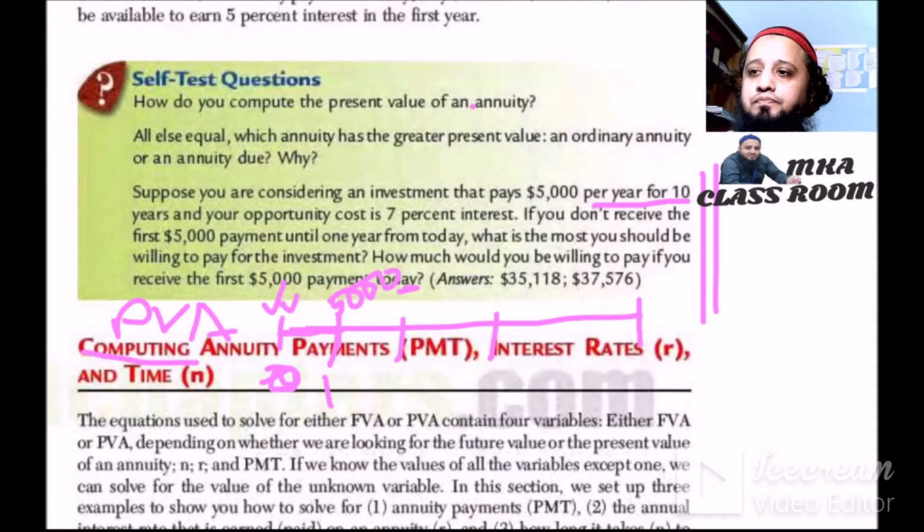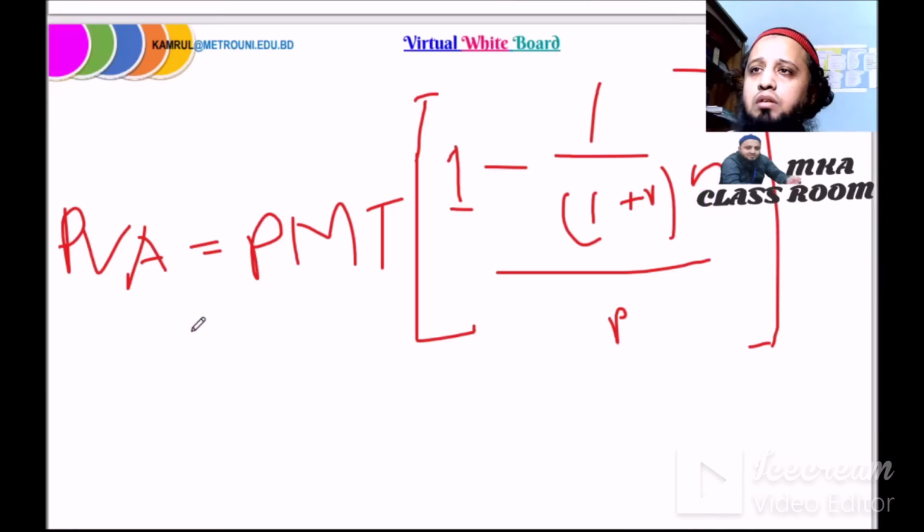So, I am opening my virtual whiteboard. Here is the formula for the present value of an ordinary annuity: PVA equal to PMT into 1 minus 1 by 1 plus R power n, divided by R. You know the formula very well.